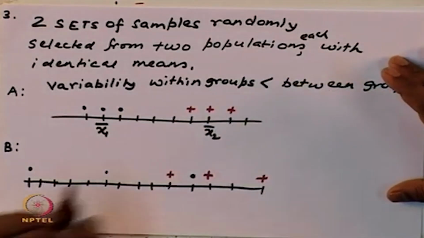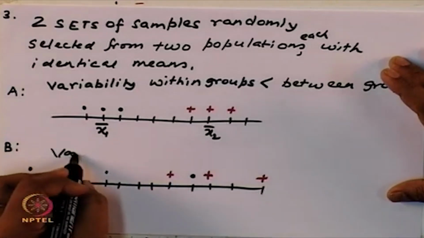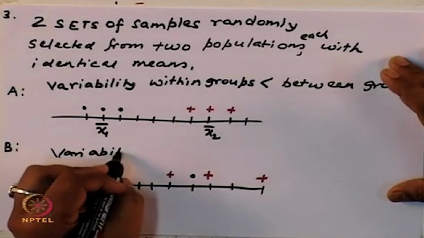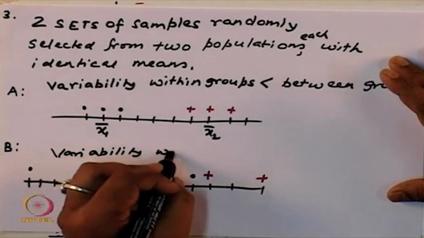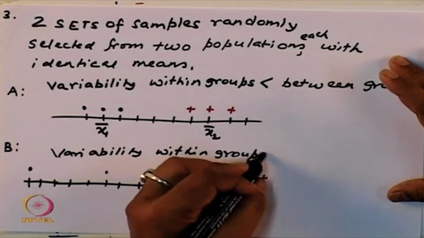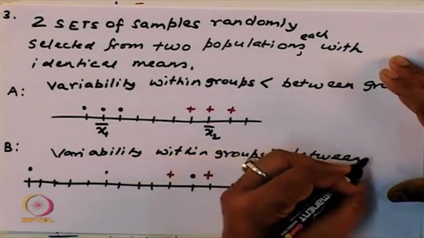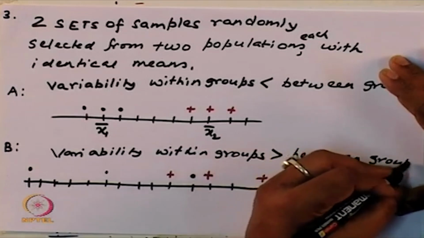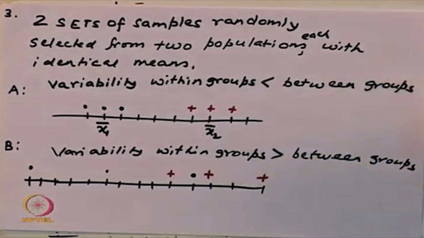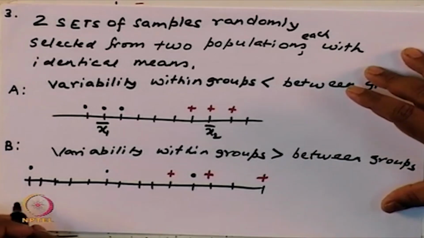Versus in this case, the variability within groups is much greater than that between groups. So, this is where the ANOVA approach is important.